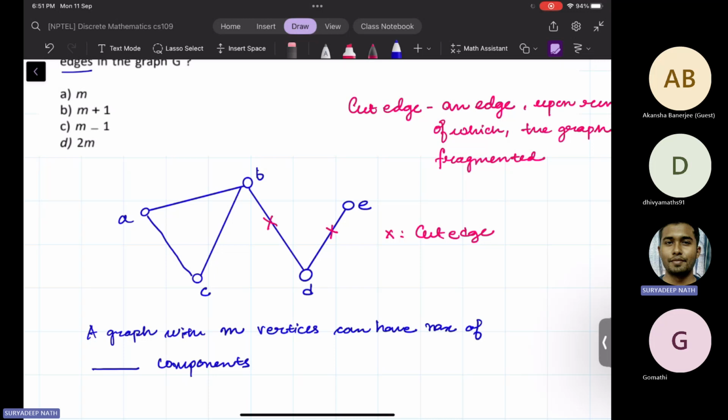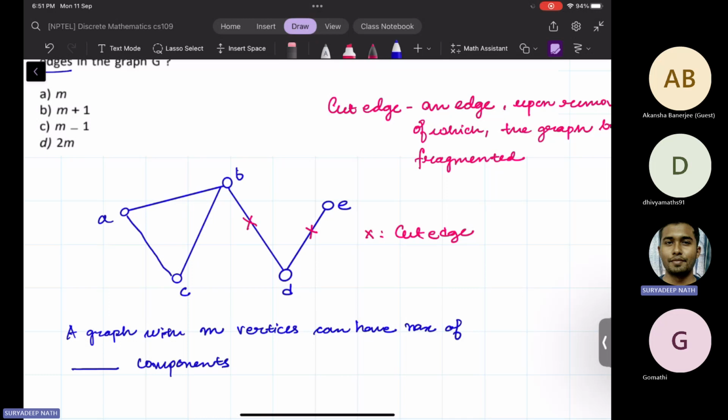By components, I mean how many connected components it can have. So what do you think? Any graph with m vertices can have how many components?